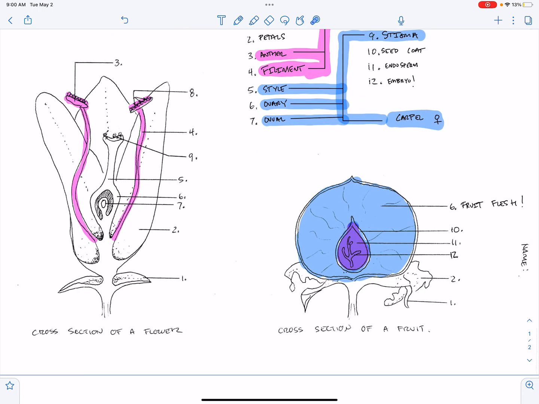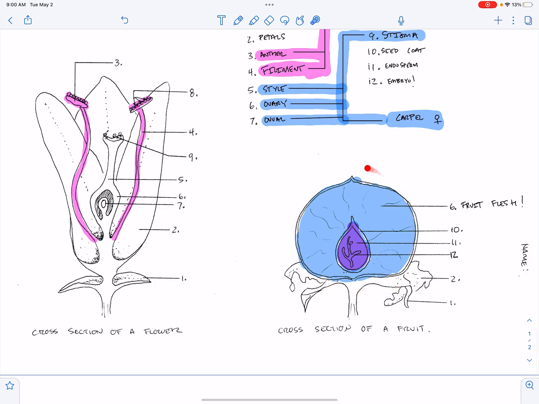In addition, it creates the structure called the endosperm, which is often very rich in fat and in protein. So when you think of eating nuts, they're very rich in fat and protein. And this is going to be fuel for the developing embryo when it germinates, because often seeds fall into the soil or are defecated into the soil by an animal that has eaten this fruit.